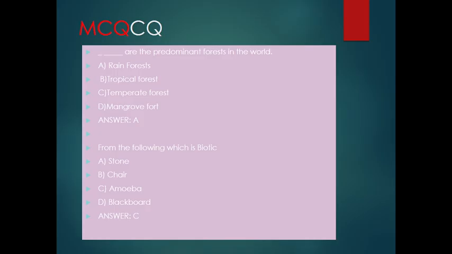Biotic means plants and animals, either microorganisms or major organisms, where the number of cells may be billions in that particular organism, the plant or animal, the unit organ. So here amoeba is one example of protozoans, and that is a unicellular animal. So here the correct answer is amoeba.